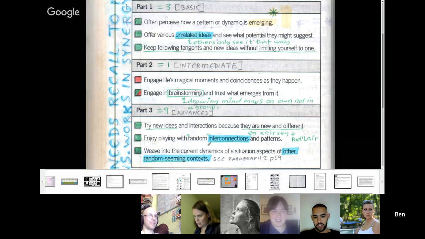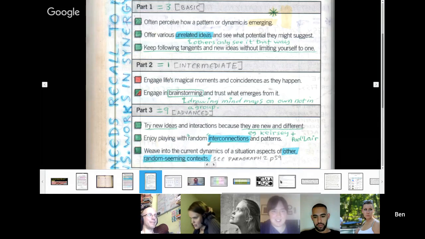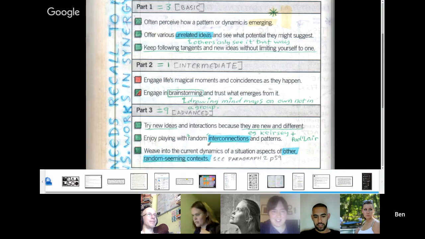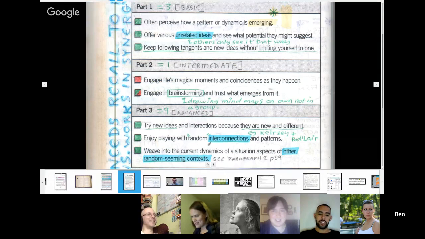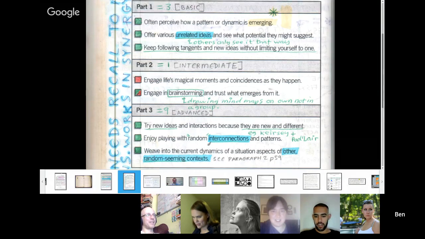Enjoy playing with random interconnections and patterns. Enjoy. That keyword. I don't enjoy that. I wouldn't say enjoy. Weave into the current dynamics of a situation aspects of other random seeming contexts.